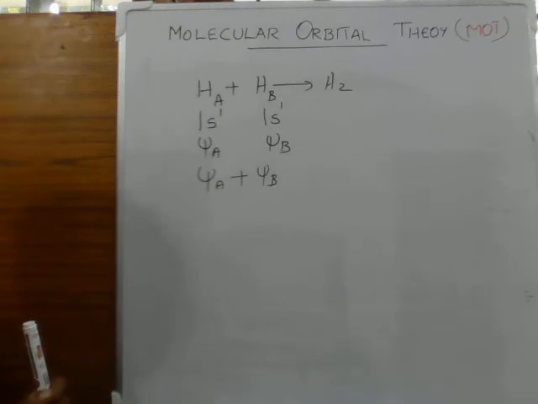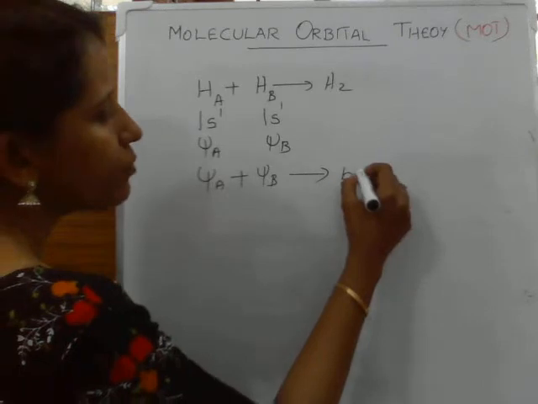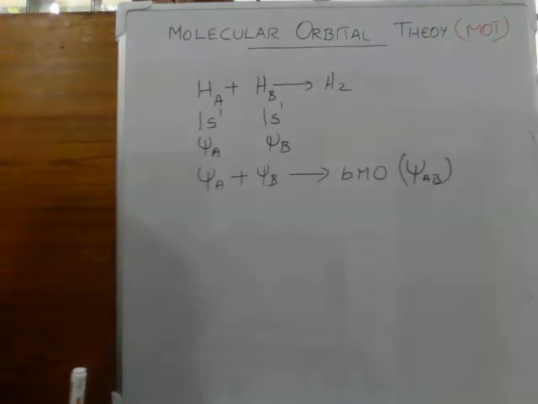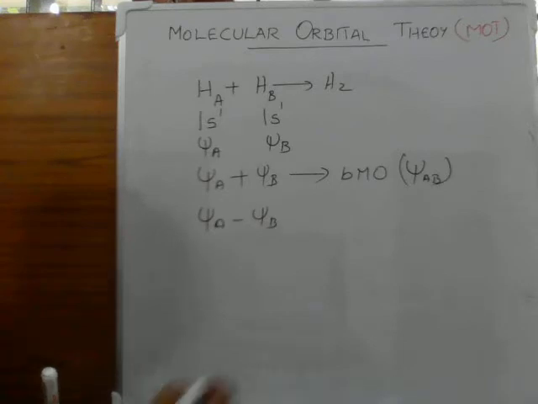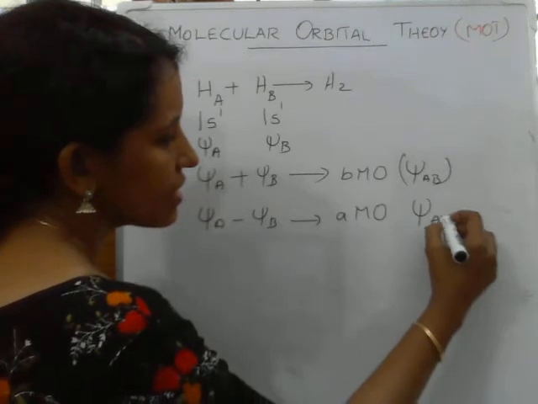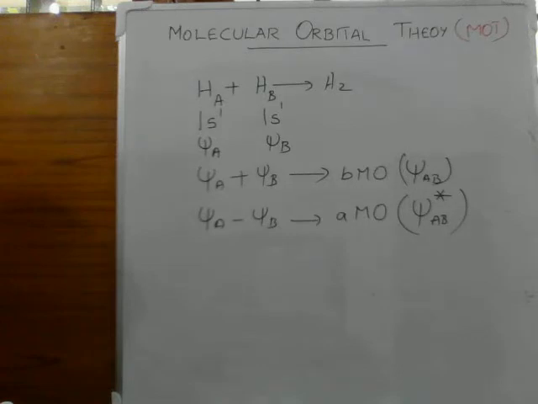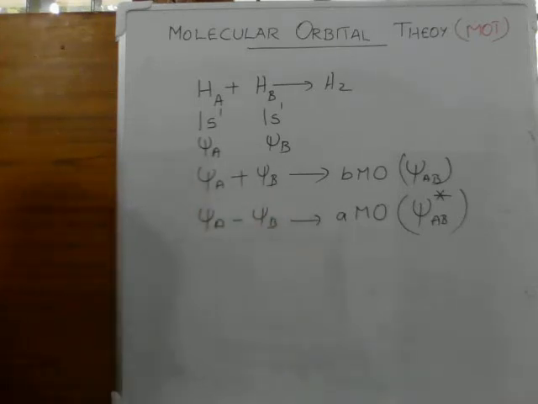Addition of psi A and psi B results in bonding molecular orbital, represented by psi AB. And the subtraction, psi A minus psi B, results in anti-bonding molecular orbital, represented by psi star AB. So the formation of bonding and anti-bonding molecular orbitals is due to the addition and subtraction of wave function psi.